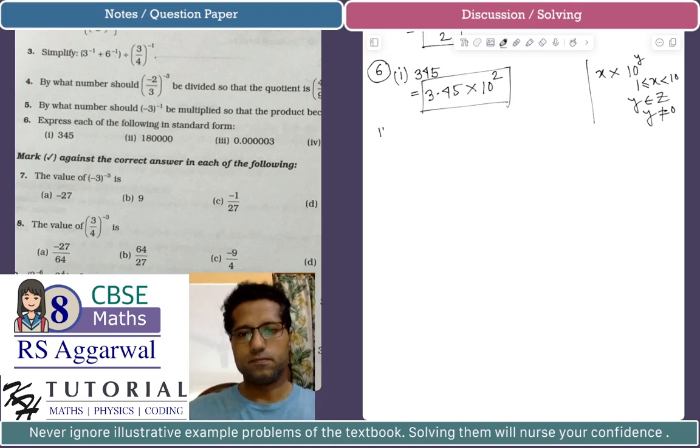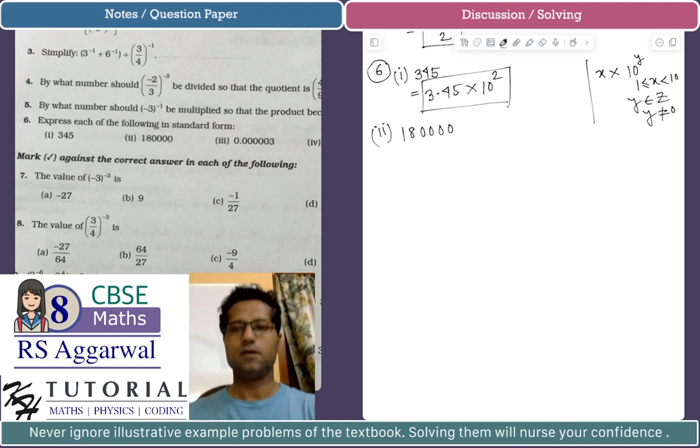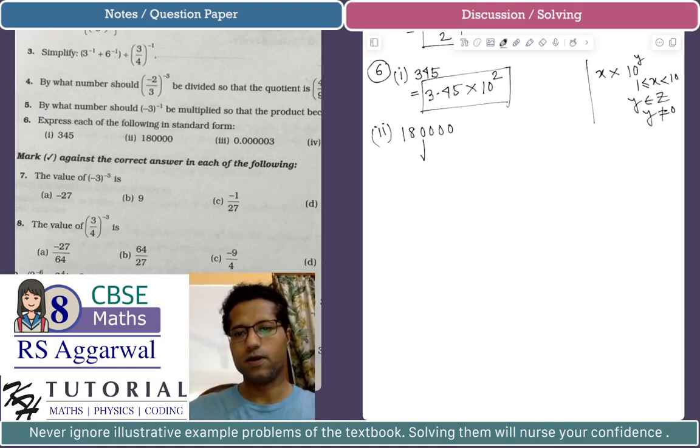Part 2. For a very large number, we will use the steps that we discussed, how to express a very large number in standard form. So this is a moderately large number. As step 1, we put the decimal point after the leftmost digit.